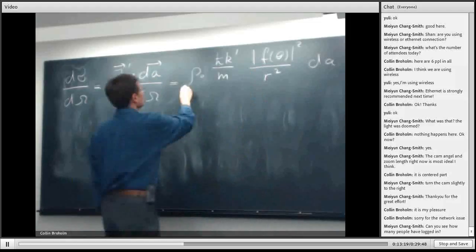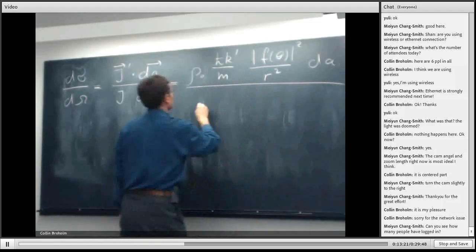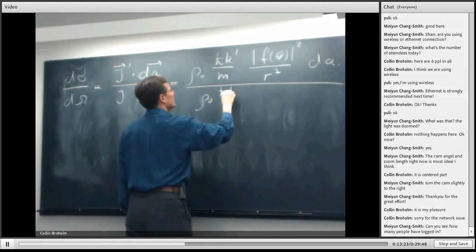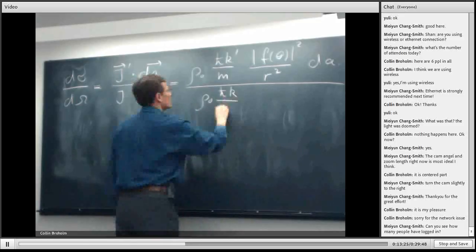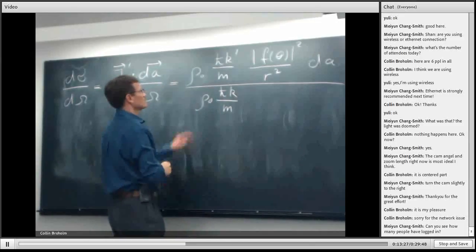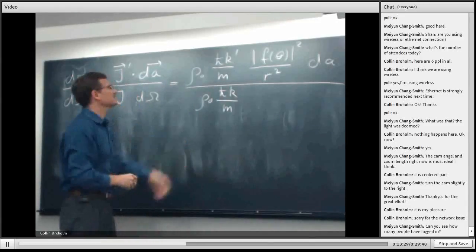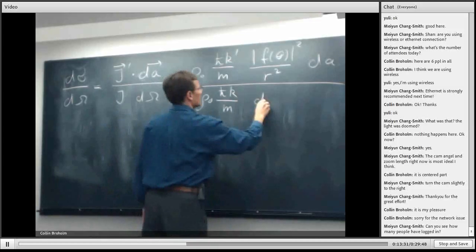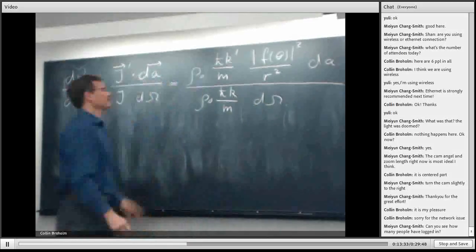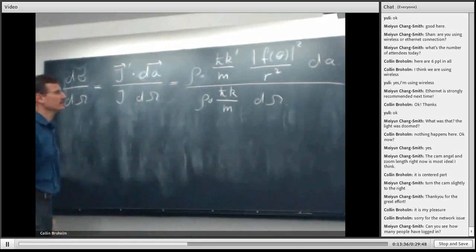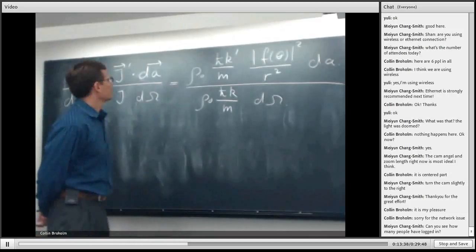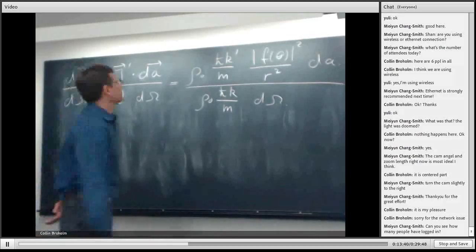So that's the numerator, and the denominator would have neutron density, and it would have a velocity of the incident neutron, so density times the velocity is the current density, and then again multiplied by my solid angle. So those expressions you've seen, I think that was in the second lecture. And in those expressions, many things cancel.